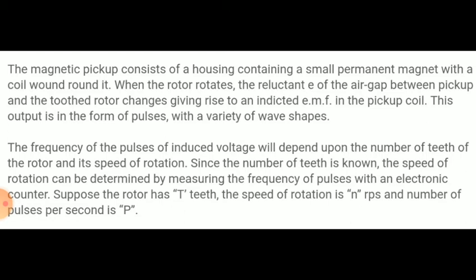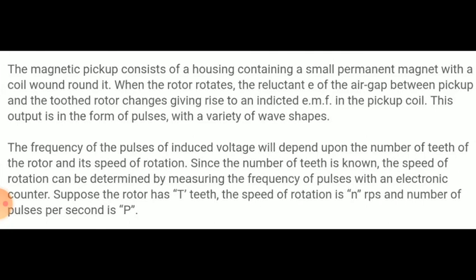So the frequency of the pulses of induced voltage will depend upon the number of teeth of the rotor and its speed of rotation. The number of teeth is known, so the speed of rotation can be determined by measuring the frequency of pulses with an electronic counter. So n equals pulses per second upon number of teeth.